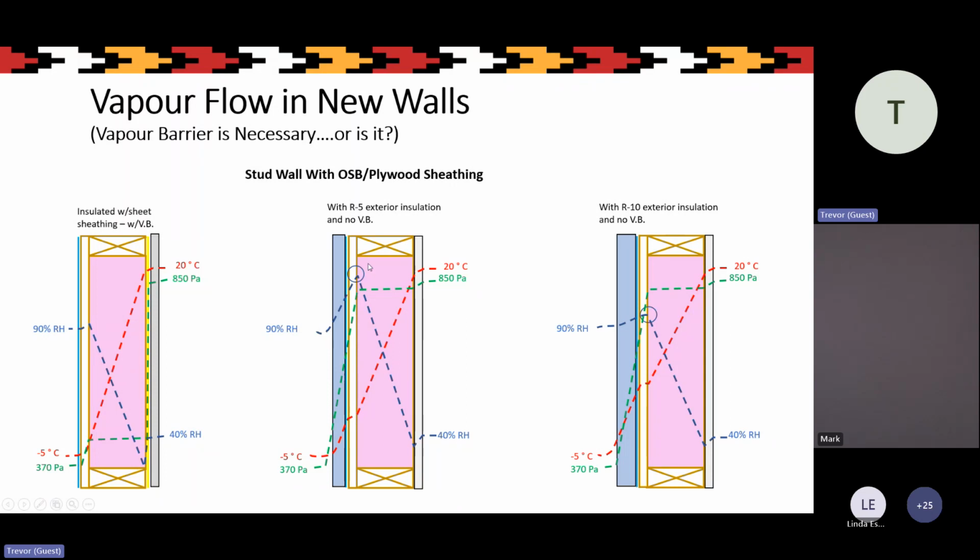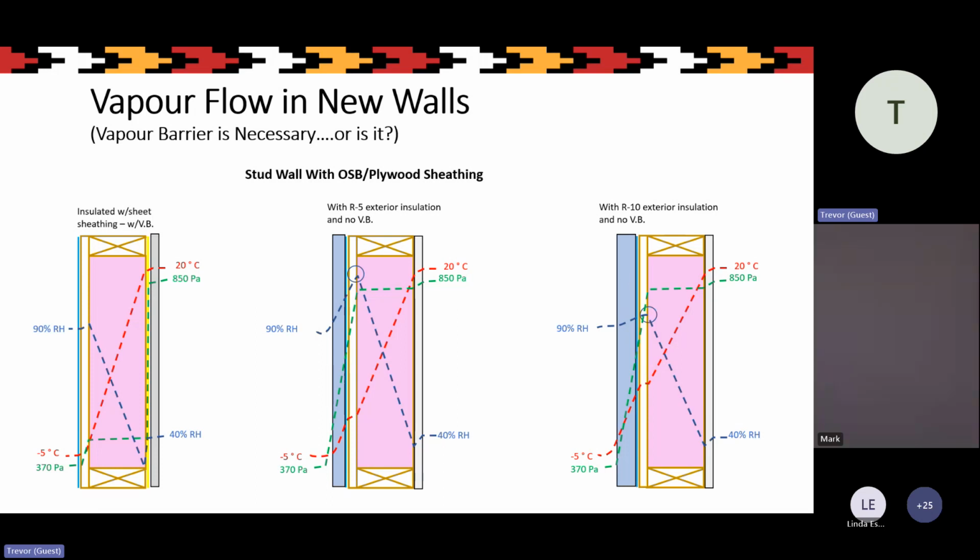So we would still have this peak, this spike that might hit 100% RH if we don't have enough exterior insulation. But if we add enough exterior insulation, let's say we added R10 and we had no vapor barrier, we would probably not have any moisture. At least in Toronto, I know R10 will work perfectly well. In colder climates, you might need more to get the same effect.